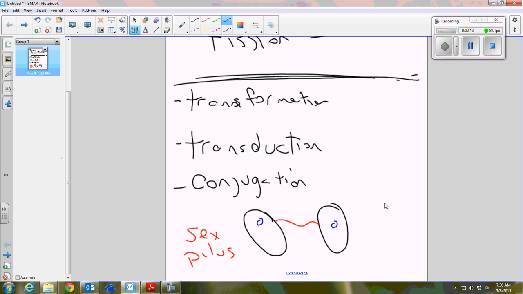This is as close to sexual reproduction as bacteria get. Because sexual reproduction, remember, is the production of gametes, and this isn't the production of gametes, so there's a definite line there.